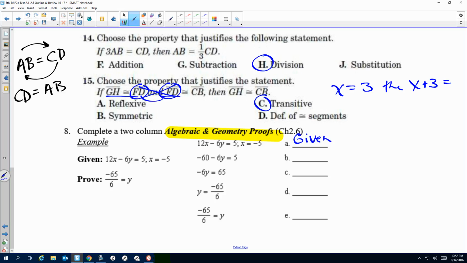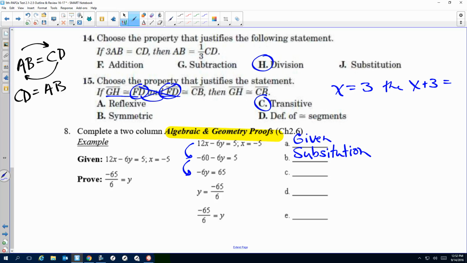So look at what they did from the given to the next step. Yeah, they plugged in the negative. That's called substitution. Now I'm going to look from the previous step to the next step.